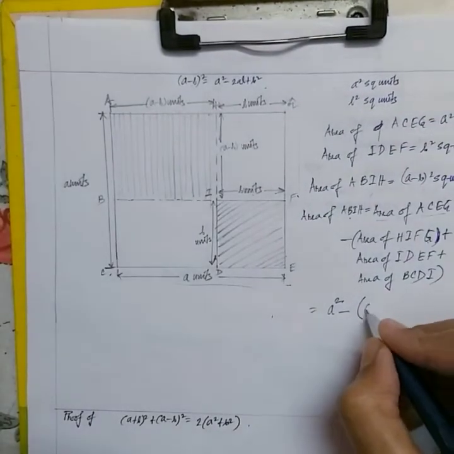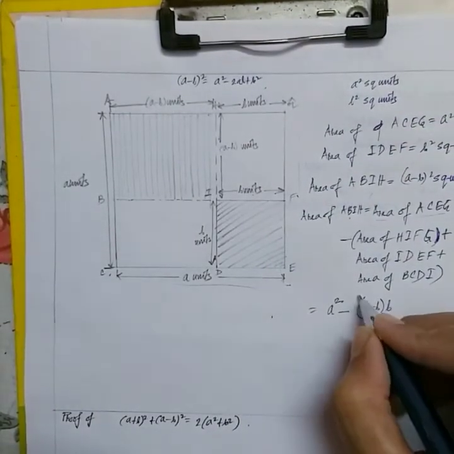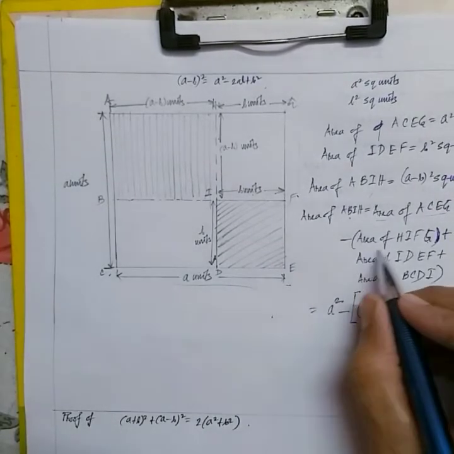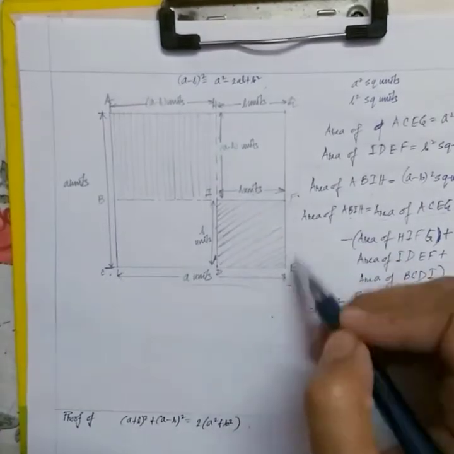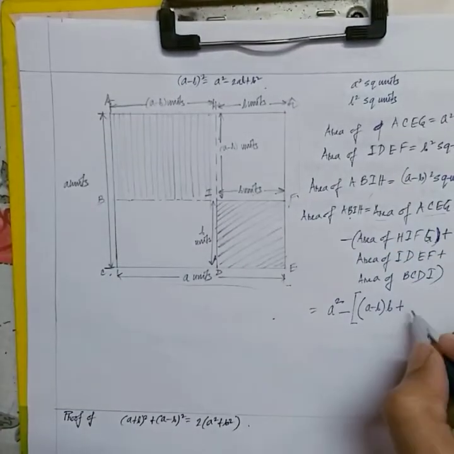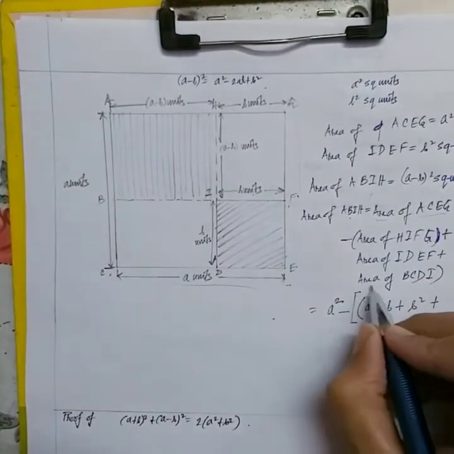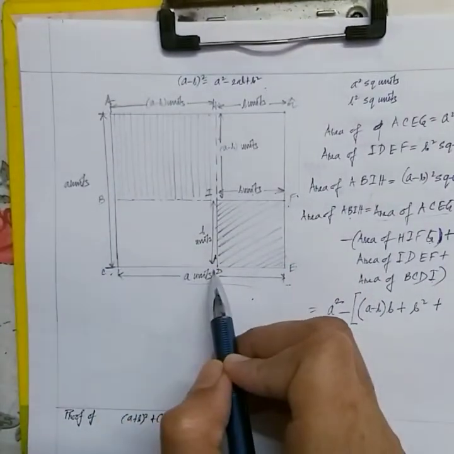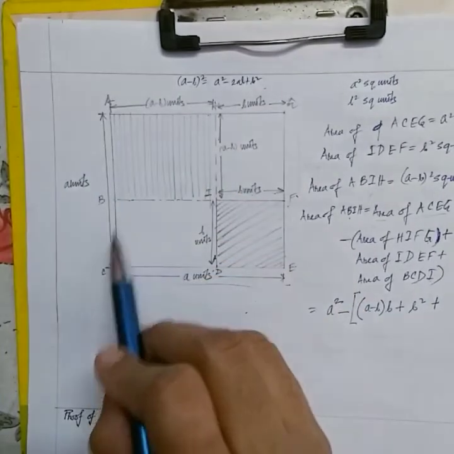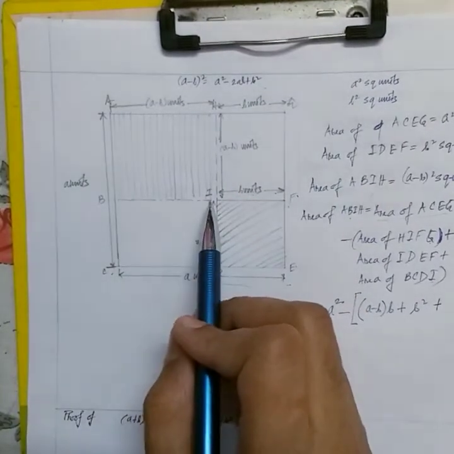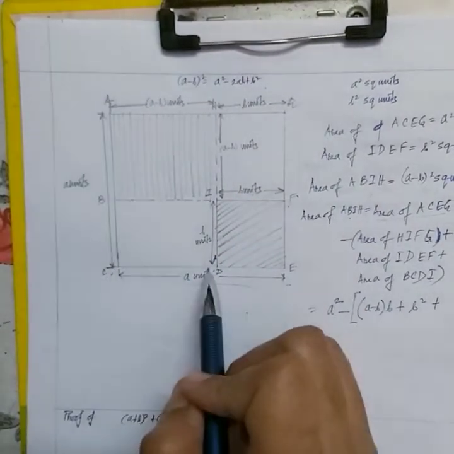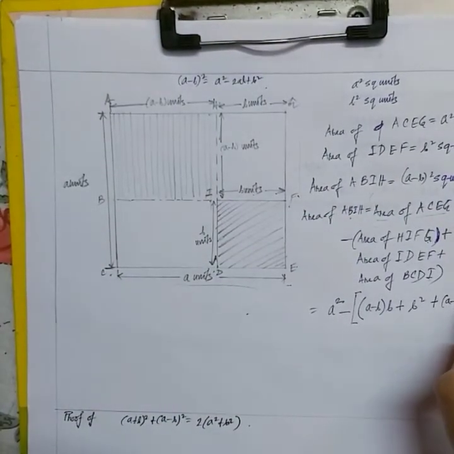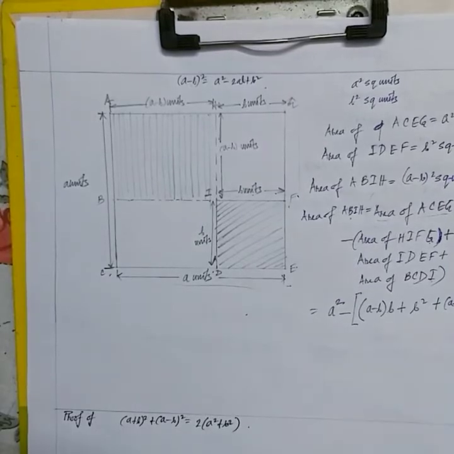So therefore you can write (a minus b) into b, plus area of IDEF, the area of this square, which is b square, plus area of BCDI, that is this rectangular slot having length a minus b. As you can see, this measures a minus b, so this should also measure a minus b, and this measures b. So therefore (a minus b) into b, length times breadth. I hope this is clear.